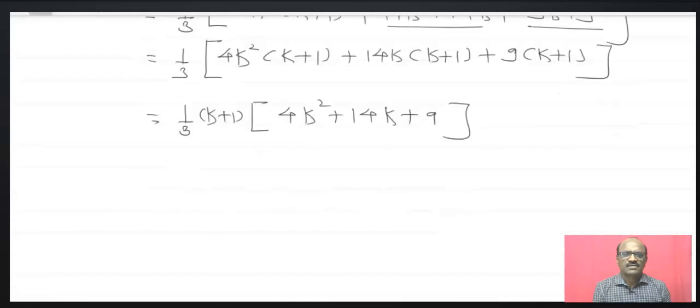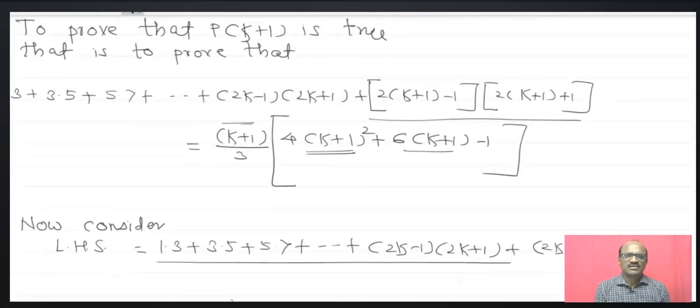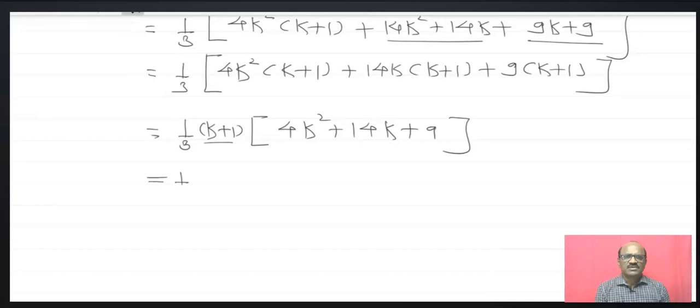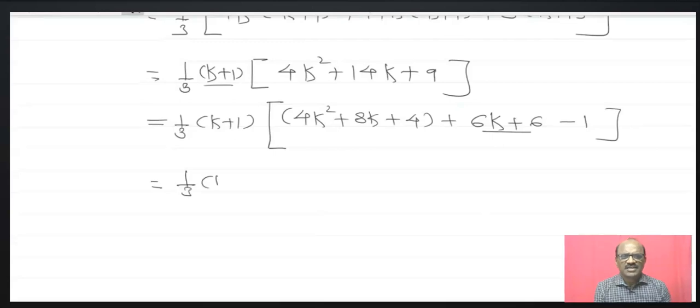Therefore, now what type of terms we require, that we will arrange here. That is 1 by 3 (4k square plus, we can take the common, 8k plus 4). Now what are the remaining terms? The remaining terms are 6k plus 5, that is, remaining is 5. We adjust here, that is 6 minus 1, it becomes 5.